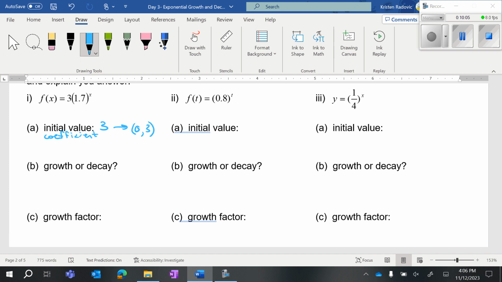In order to know if it's growth or decay, you're going to look at the base. In this case, your base is greater than 1. So, I mean, obviously 1.7 is greater than 1, so we are going to say that this is growth.